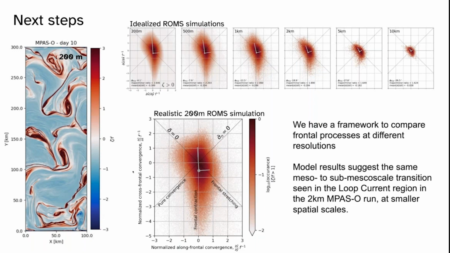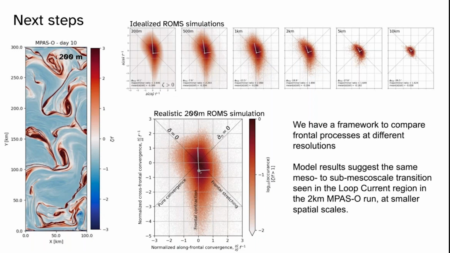This y-axis is exactly equivalent to the frontogenesis function, if you've ever heard of that. It is the tendency for the flow to intensify the front, and that's all this down here. So all these points in this 2D histogram are intensifying the front. These are frontalytic, destroying the front.